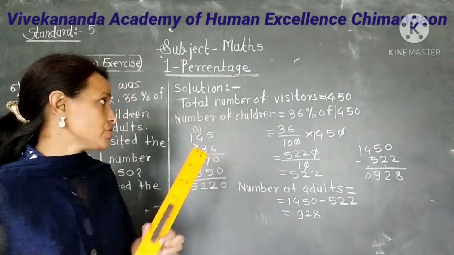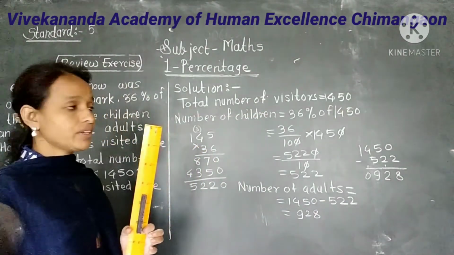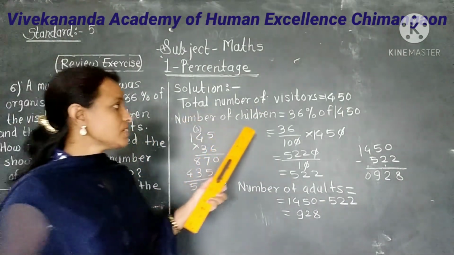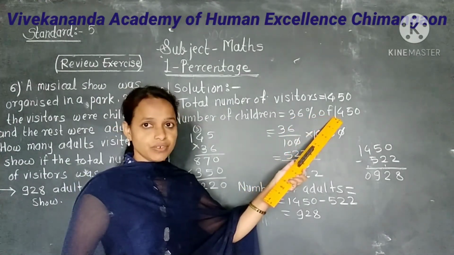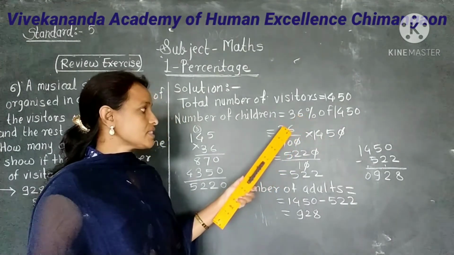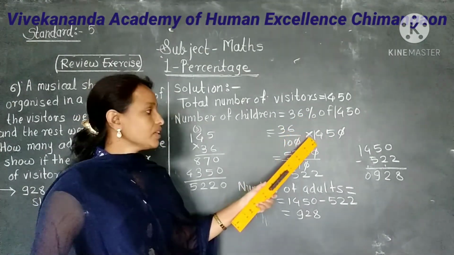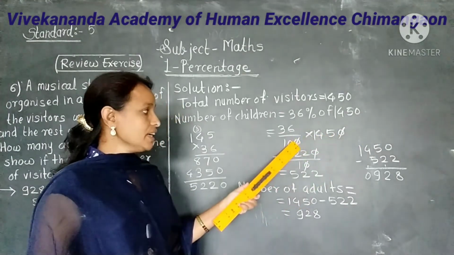So see its solution. Here the total number of visitors is 1450. From that, the number of children is 36% of 1450. 36%, so we write in percentage as 36 upon 100 and then multiply by 1450. 0, 0 get cancelled.